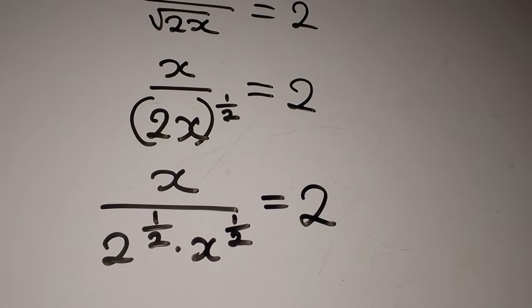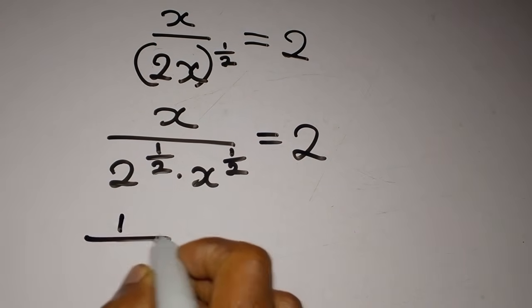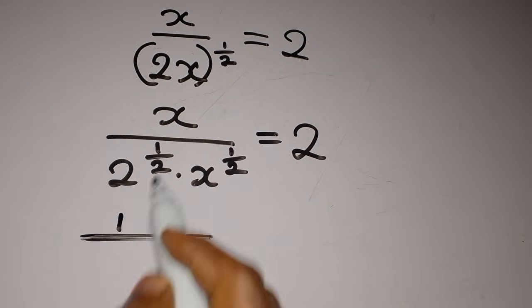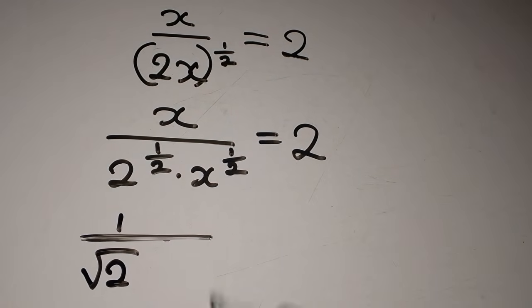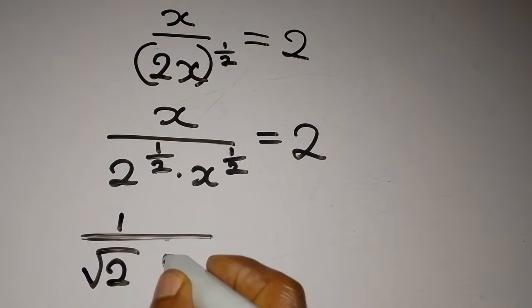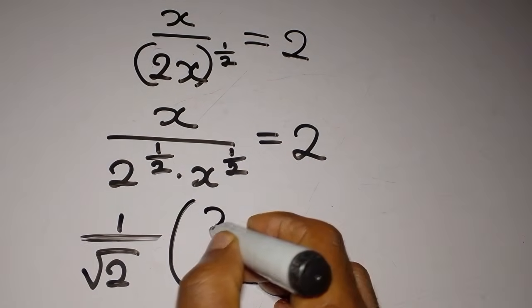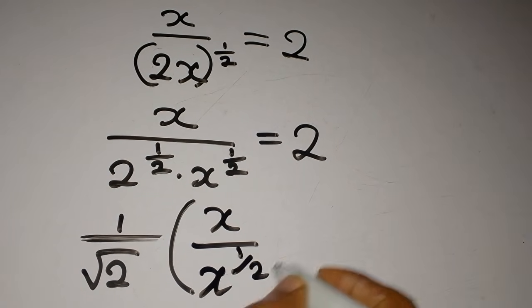I want you to learn from here, so pay attention. So this means that we are going to have 1 over 2 to the power of 1 over 2, which is the same as the square root of 2. So you can write this. In fact, you can do it this way as well. Open bracket and have x over x to the power of 1 over 2.